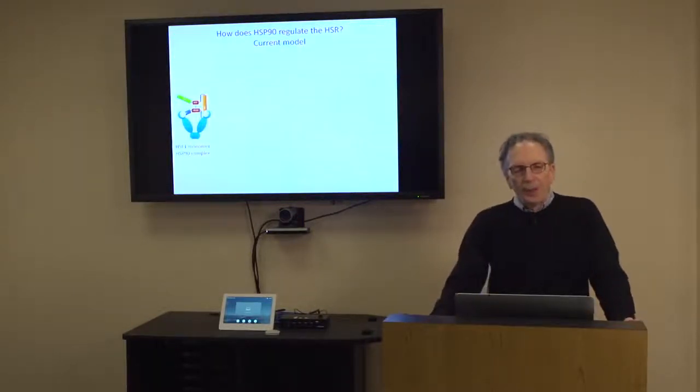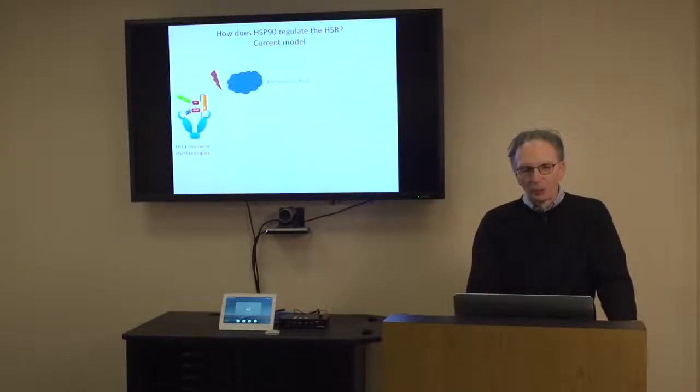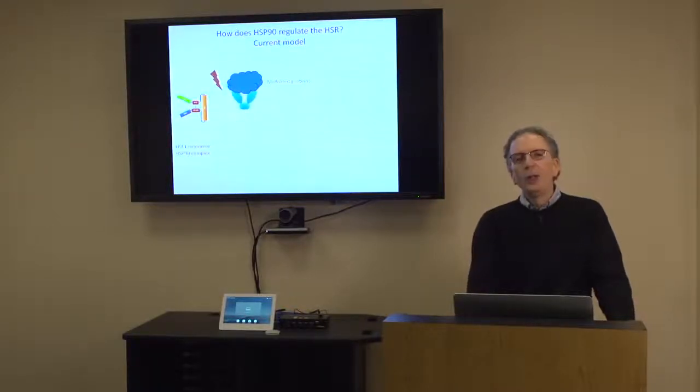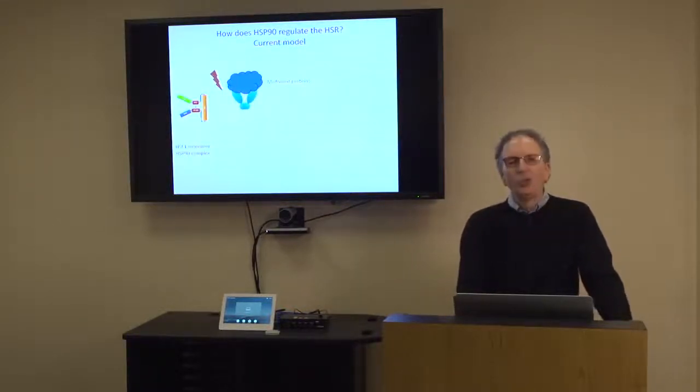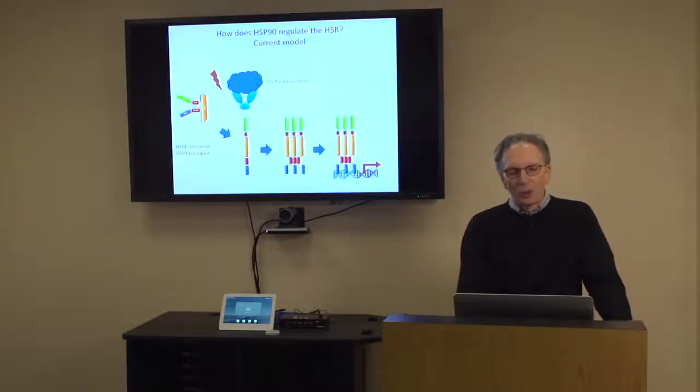So the current model that's been in the literature for many years is that HSP90 binds to monomers of HSF1 in unstressed cells, and in the presence of misfolded proteins caused by proteotoxic stress, such as heat shock, HSP90 comes off of HSF1 to deal with the misfolded proteins and allows HSF1 to trimerize, which it must do to become an active transcription factor.